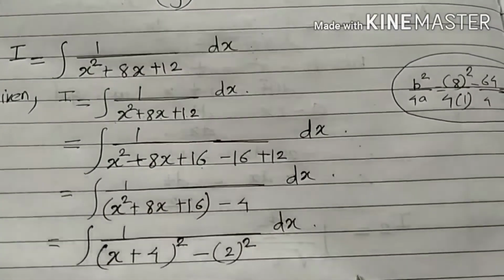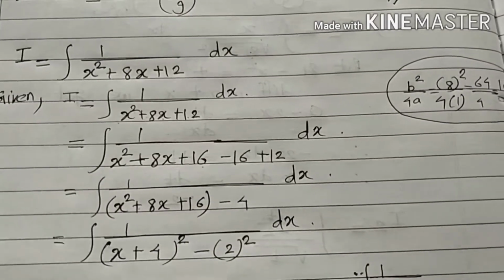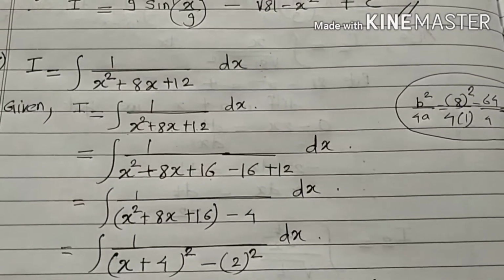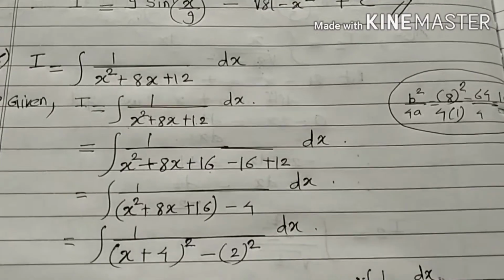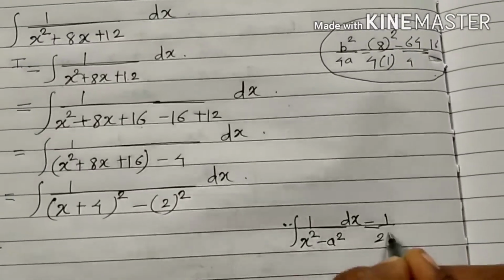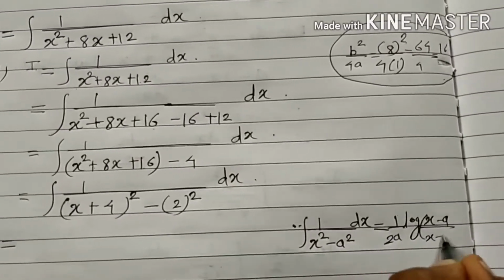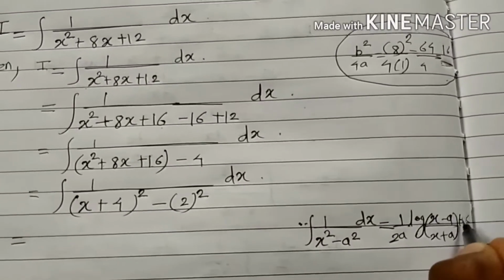So what is the formula? Integration of 1 upon x square minus a square dx is equal to 1 upon 2a log of x minus a upon x plus a plus c.